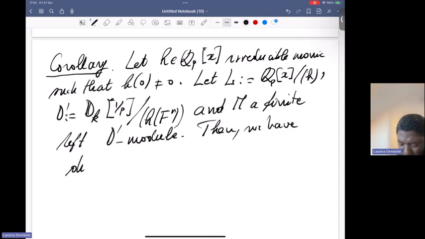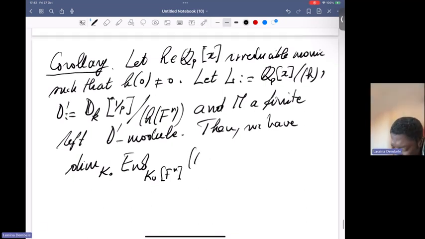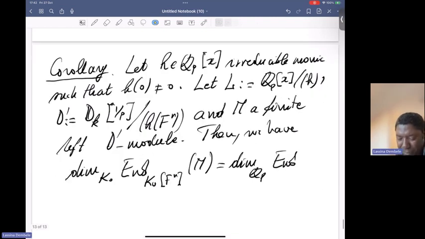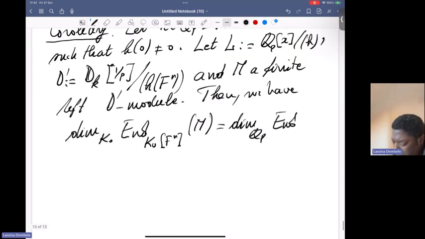So if you take the dimension over K0 of the endomorphism ring over K0 of Fn of M, then this would be the same as taking the dimension over Qp of the endomorphism ring over D prime of M. Okay. So we did the hard work already.